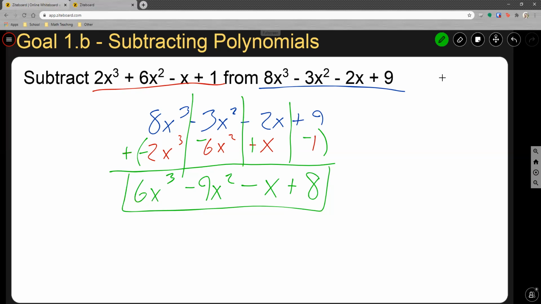And then, of course, I'm flipping all the signs on my second expression and turning it into an addition problem. So I'm adding negatives or adding positives instead of subtracting positives and negatives, just to keep things clear.